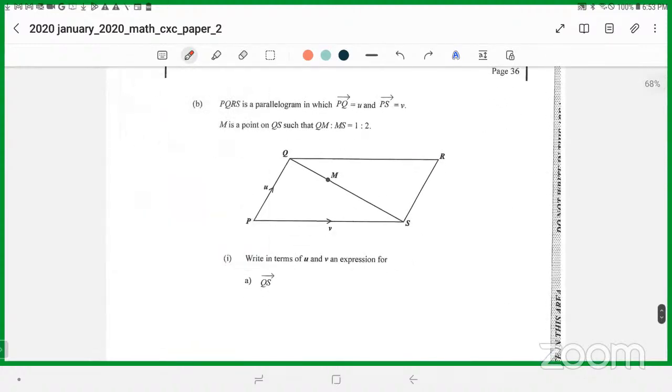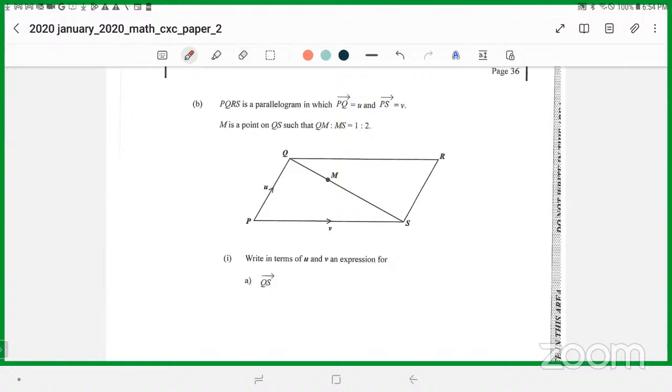This question says PQRS is a parallelogram. PQ is U, and like in parallelogram questions, it means that these two sides are equal in length and parallel, so they are equal vectors. These two sides are equal in length and parallel, so again they are equal vectors. You fill out all the information on the diagram.